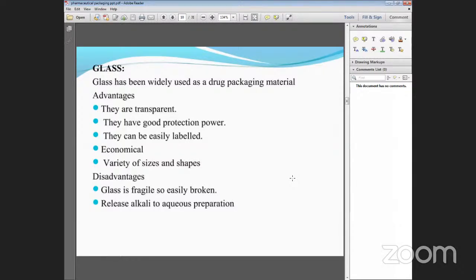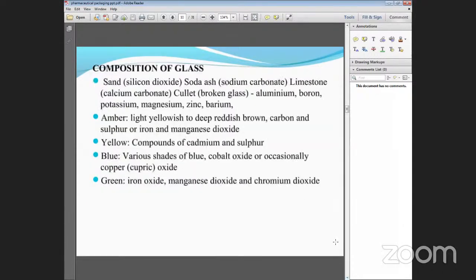Second, it releases alkali to aqueous preparations. While storing the medicine in a glass container, alkali is released from the glass, and after releasing the alkali, it may destabilize the formulation.